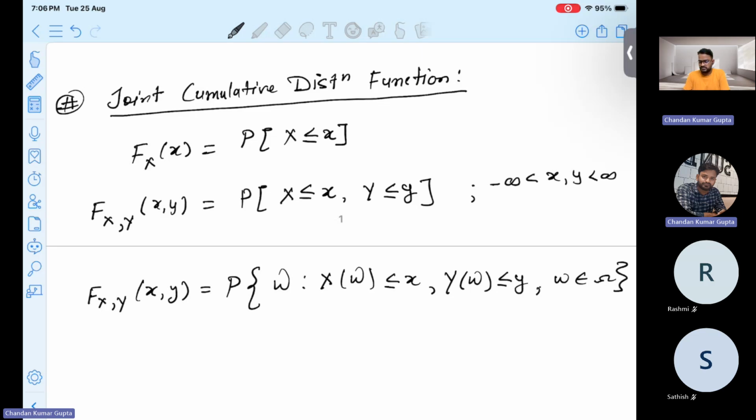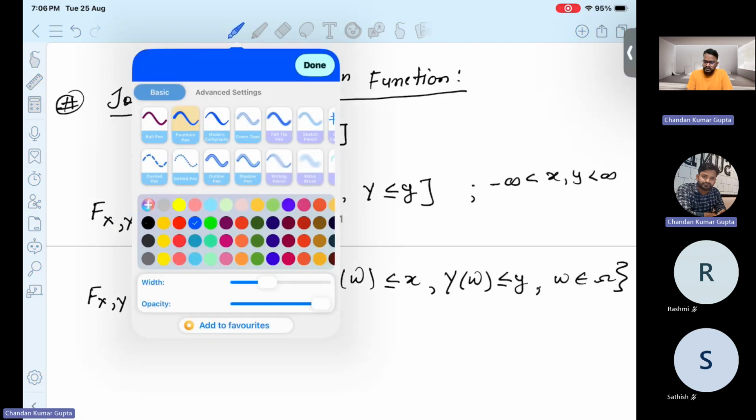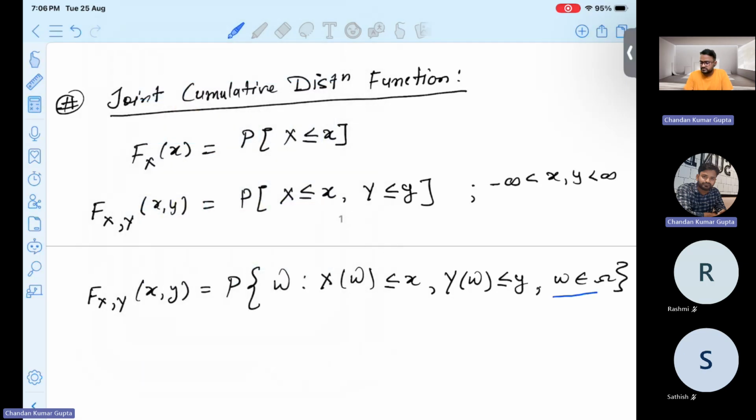If you recall, X and Y are random variables, so these are actually functions which map the sample values from the sample space to real numbers. So this is also the definition of the joint cumulative distribution function.